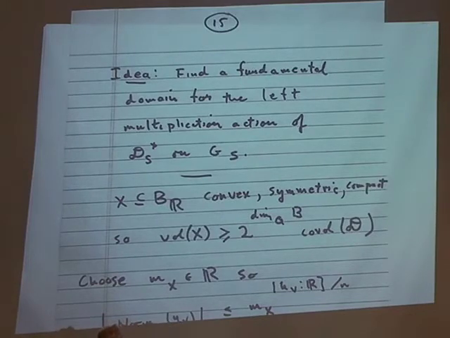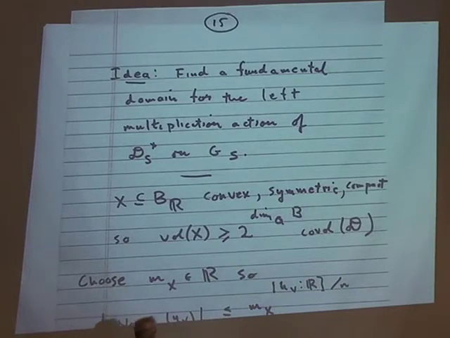So the type of candidate you want to take is first you specify some nice compact subset of the Archimedean points, which is convex and symmetric, and so that it has big volume. And this, by the way, is exactly the constant that you would expect to apply Minkowski's theorem to. Minkowski would say that if you take any Archimedean set like that, there's going to be a non-zero element of D inside it. Okay?